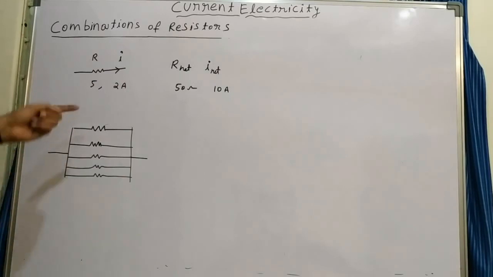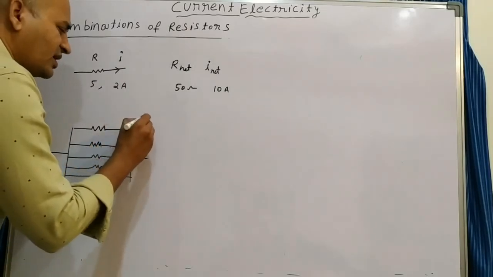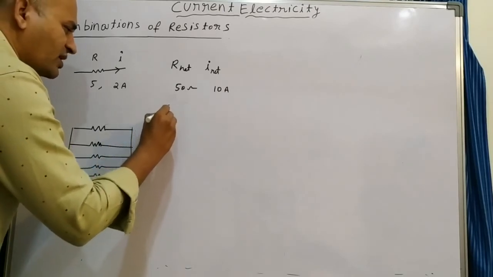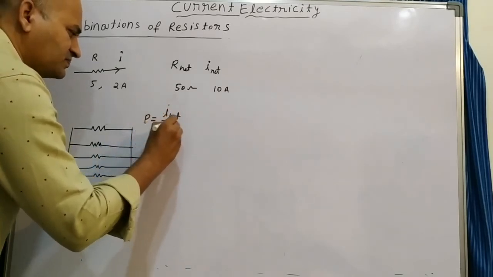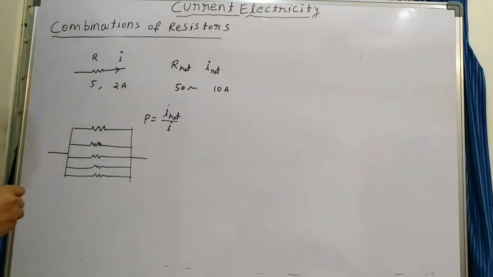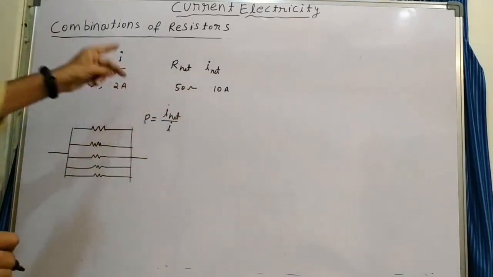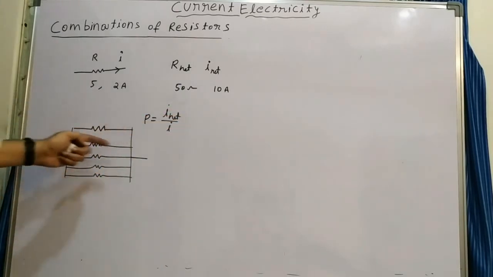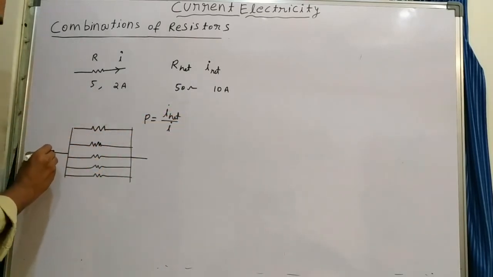So how many resistors? I net by I, that is 10 by 2, that is 5. Each carries 2 amperes, so in total they can carry 10 amperes.